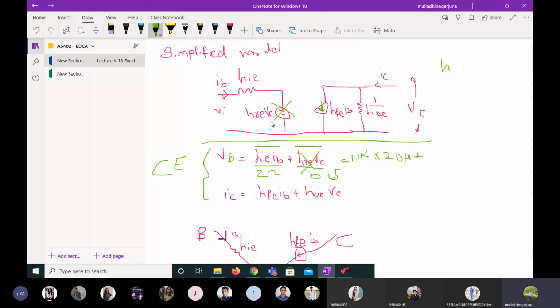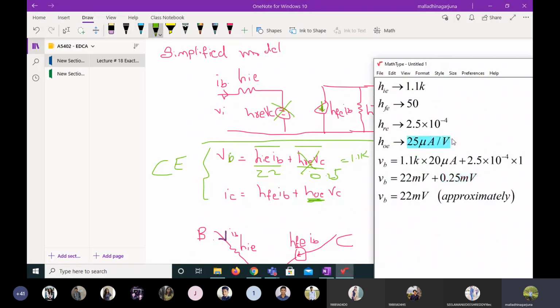Okay, fine. Next, coming back to the output equation. What is the value of HOE? HOE is the output admittance, and its typical value is 25 microamps per volt.